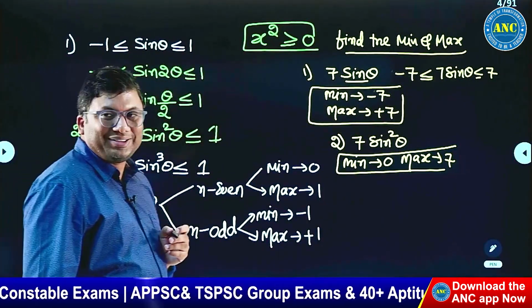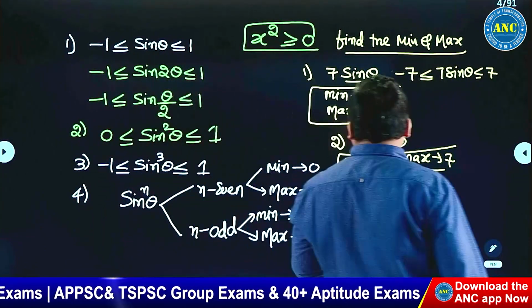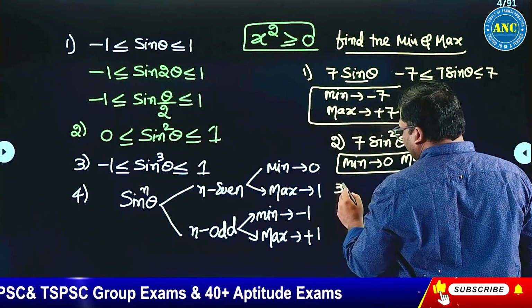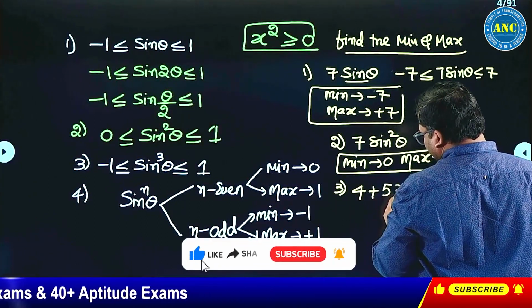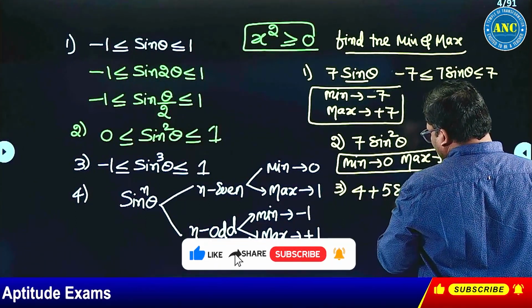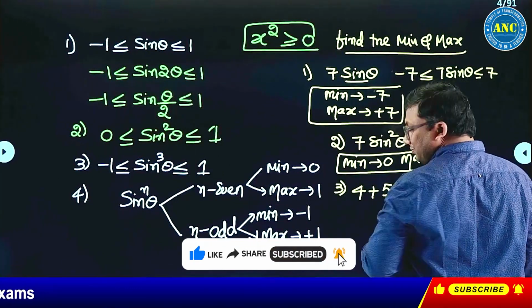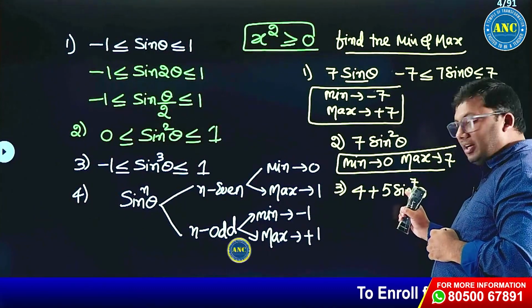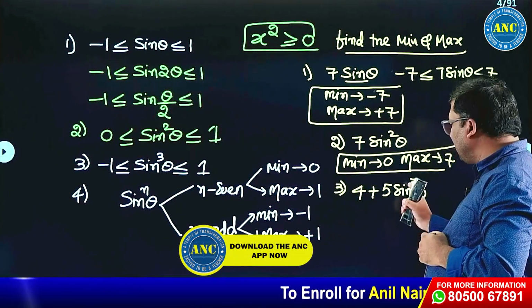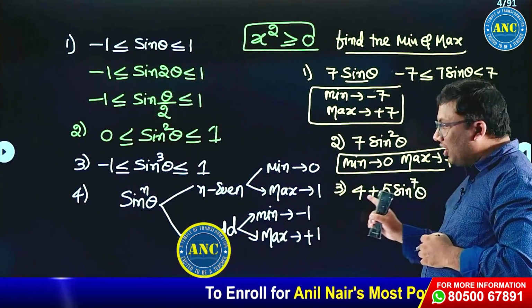Next, third question. Just you have to listen to the class, sir. I will take you to a very different level. 4 plus 5 into sin power 7 theta. Power is an odd.